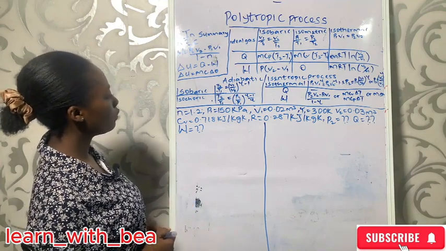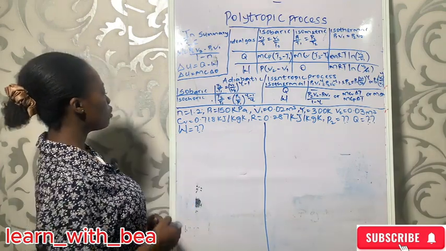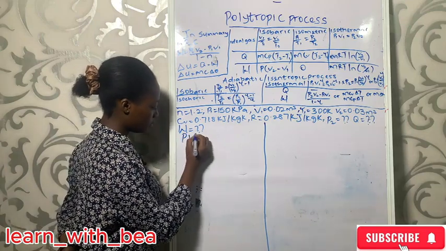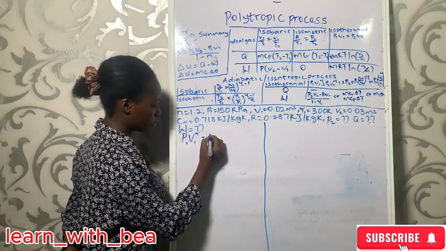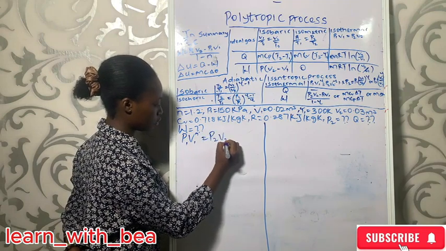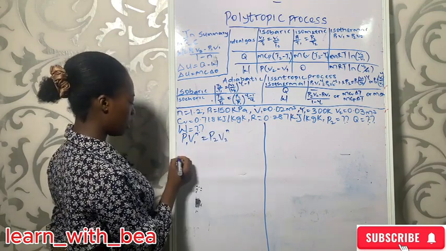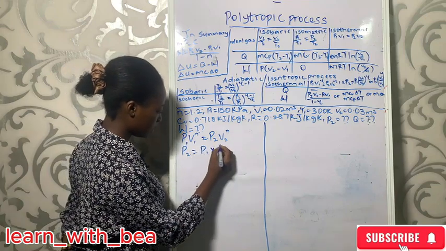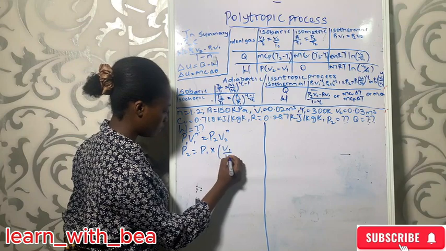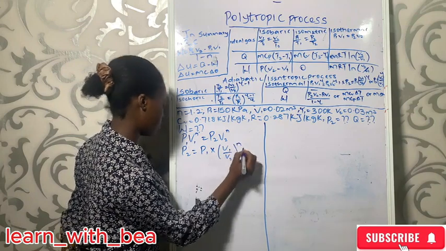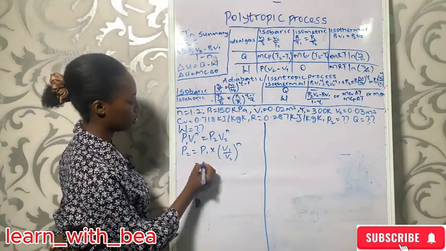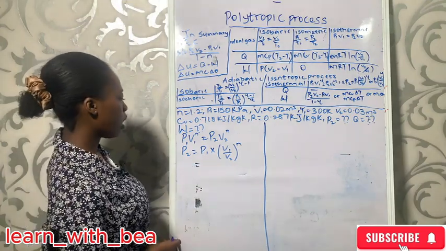So we have to look for P2. We can get P2 from P1 V1 raised to power n equals P2 V2 raised to power n. So P2 would be P1 multiplied by V1 over V2, all raised to power n. Now we can input our values.